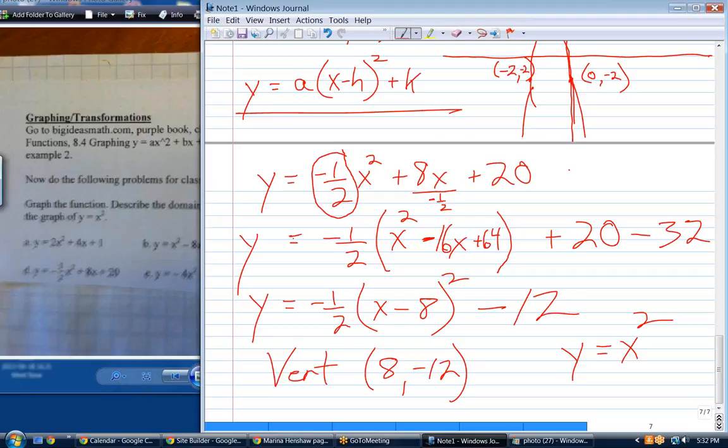Again, from this point forward in your math career, this is almost always what you're going to see. X minus h, not x plus h ever. It's always going to be x minus h. So get used to seeing that, and then knowing that this translation is a +8, which means a shift to the right of 8.